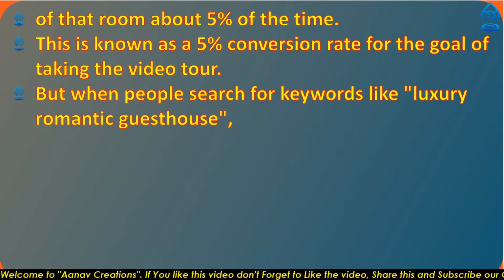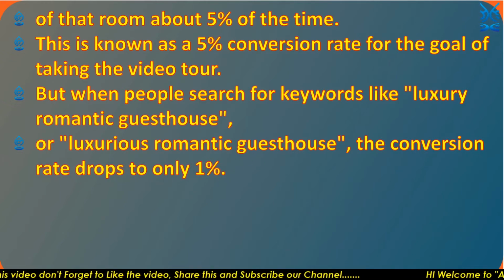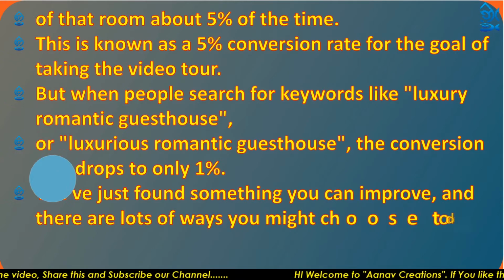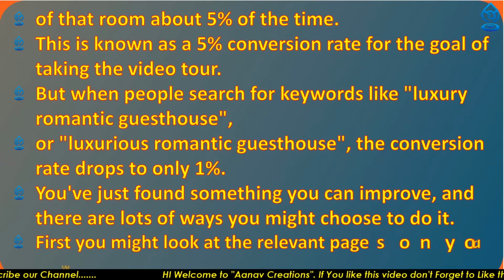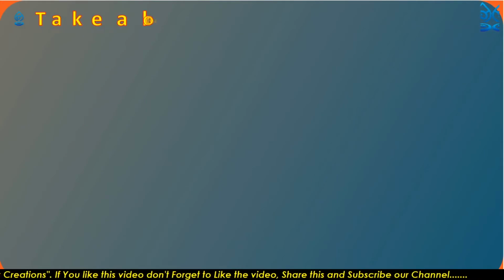But when people search for keywords like luxury romantic guest house or luxurious romantic guest houses, the conversion rate drops to only 1%. You have just found something you can improve, and there are lots of ways you might choose to do it. First, you might look at the relevant pages on your website and see if some changes are required or not.